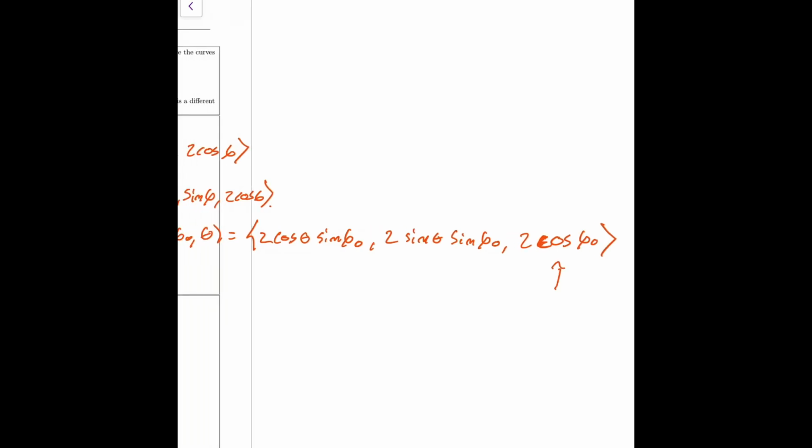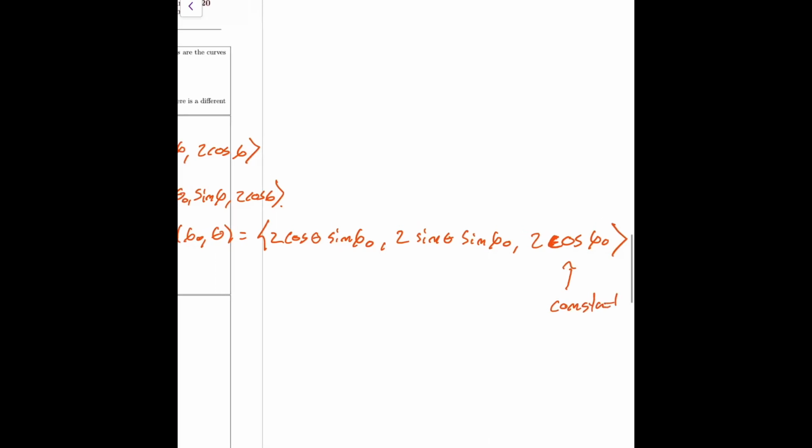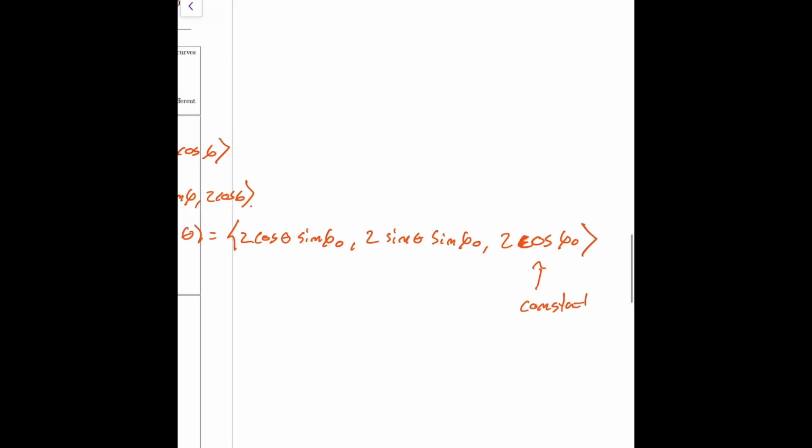This is fixed, so this is a constant. And now you can rewrite this in the following way. This is going to be 2 cosine theta times some constant that I'm going to call a, the second component is 2 sine theta times the same constant a, which is sine phi naught, and then another constant b.